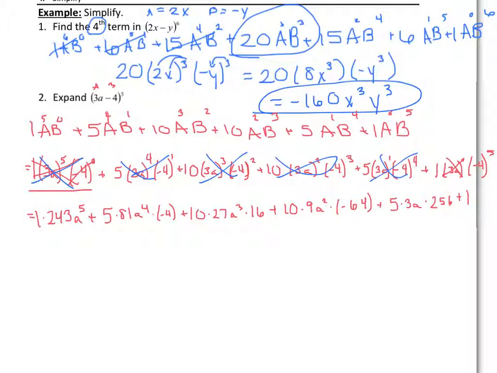Negative 4 to the 5th would be a negative 1,024.